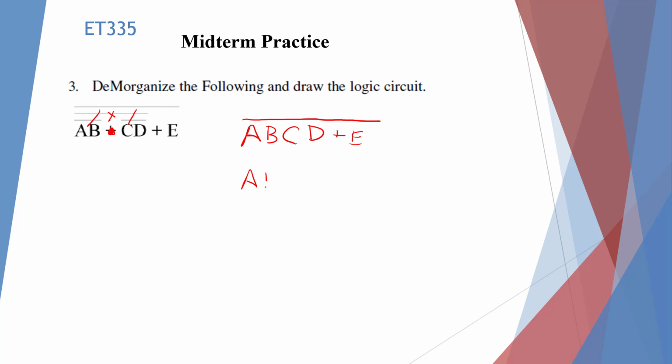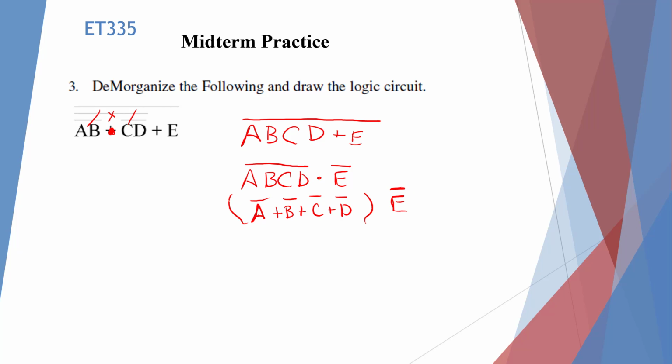So we have A, B, C, D times E bar, separate bar, and we could break that down again to A bar plus B bar plus C bar plus D bar, need a parentheses there, times E bar.